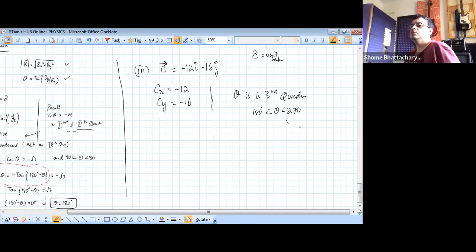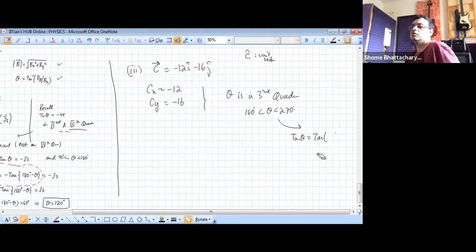So for this, we will use the formula that tan theta is equal to positive of tan of theta minus 180. So for example, tan of 210 degrees is the same as tan 30, which is positive 1 by root 3. So this formula we'll use, the quadrant 3 formula over here.